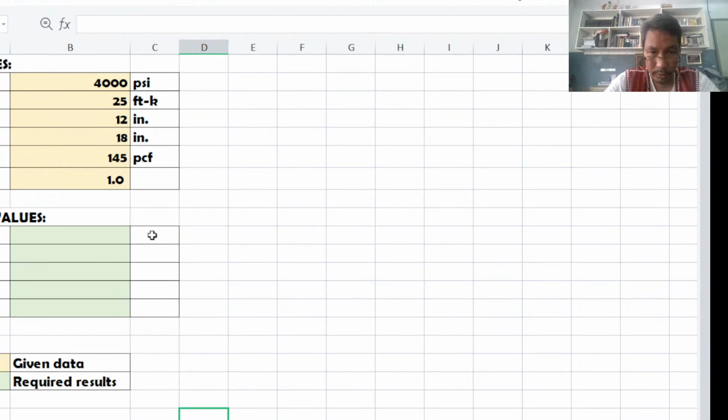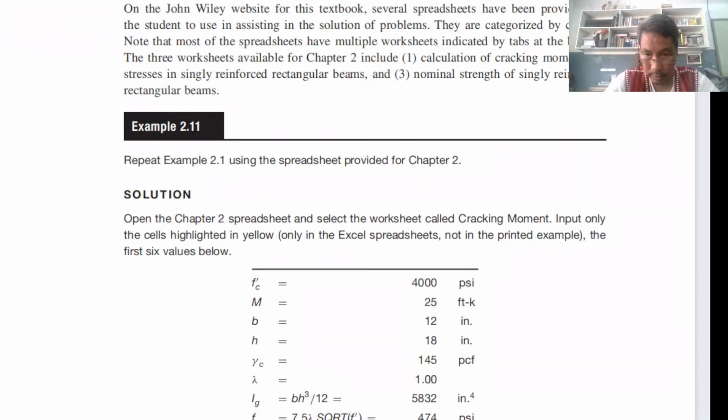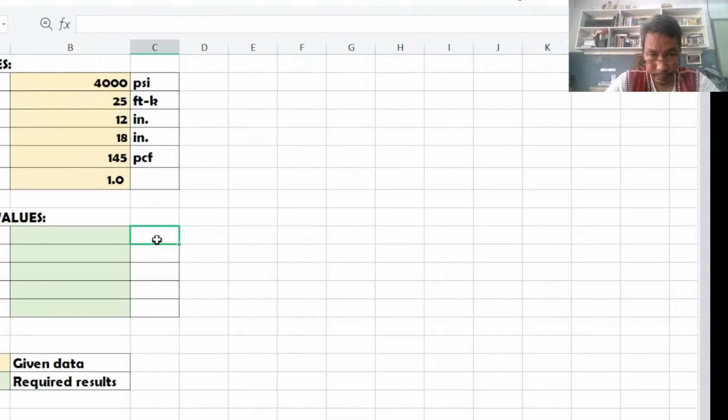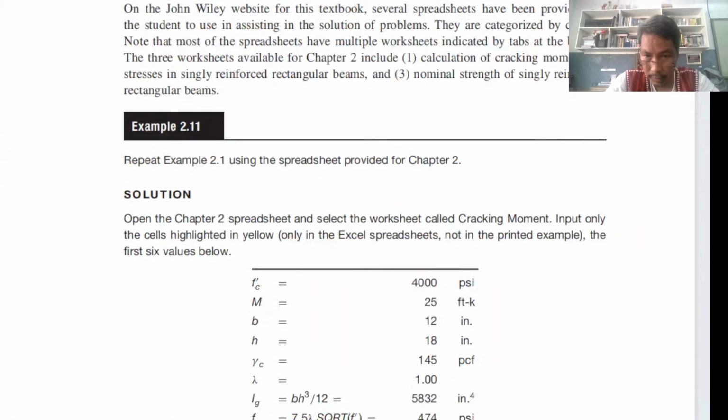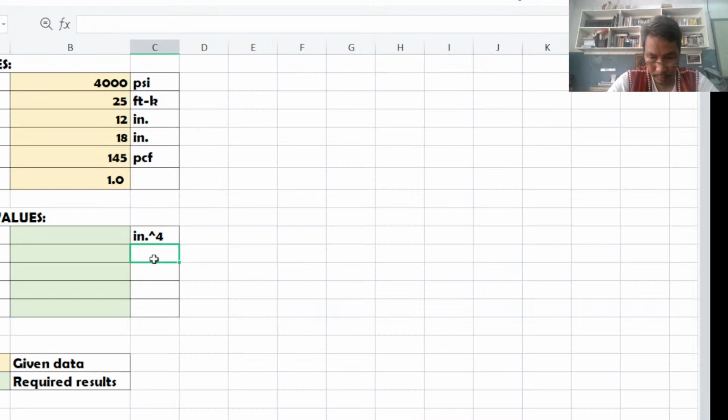So how to compute? What are the results first? The result is inch to the fourth power. What else? psi.